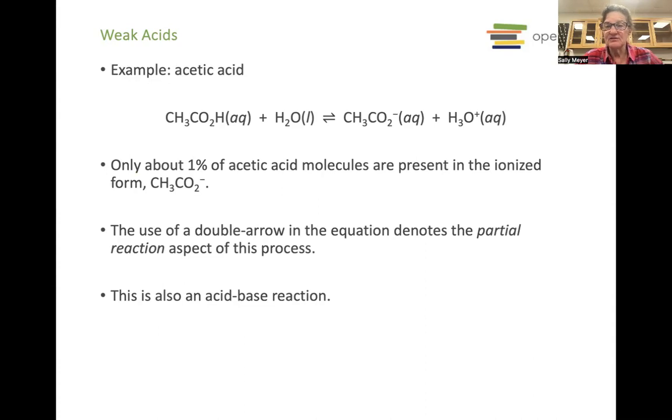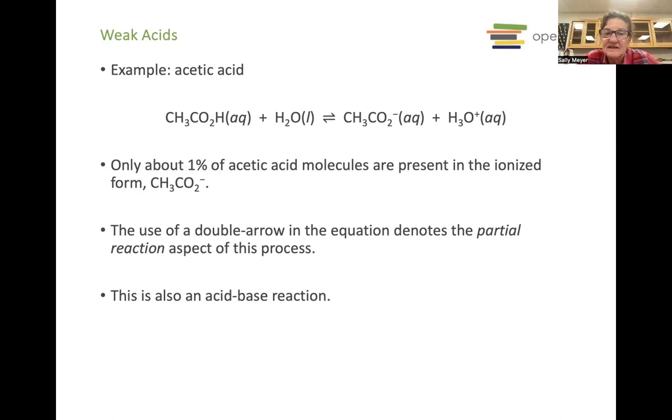So when you look at this, you don't draw a one-way arrow, you do a two-way arrow that says some of it remains on the reactant side as total molecules of acetic acid, and some of them dissociate to make hydronium and the acetate anion.